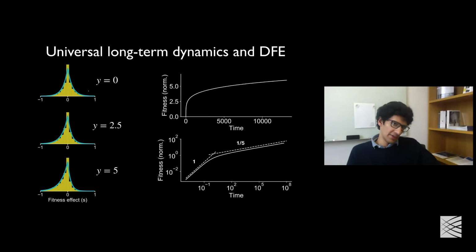And another aspect is that if you look at the distribution of fitness effects, so not just the beneficial ones, but also the deleterious ones, initially, when you're neutrally adapted, you should see a symmetric one. But as you become more and more well adapted, which is this y greater than 1, you should see a shift towards beneficial mutations, right? But as Michael was saying, the specific fitness effects of the different loci are all moving around within this distribution. It's just that the distribution remains roughly the same given a particular amount of adaptedness.